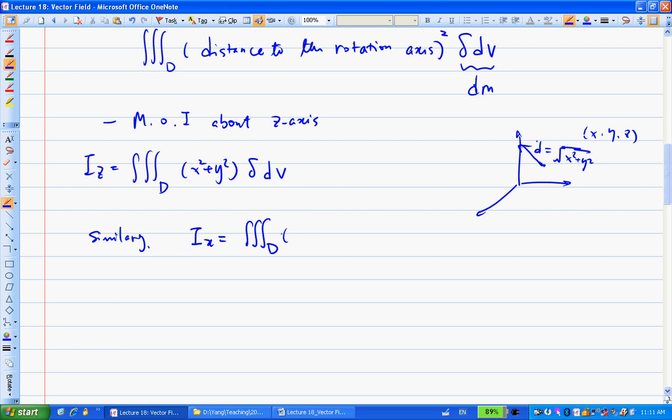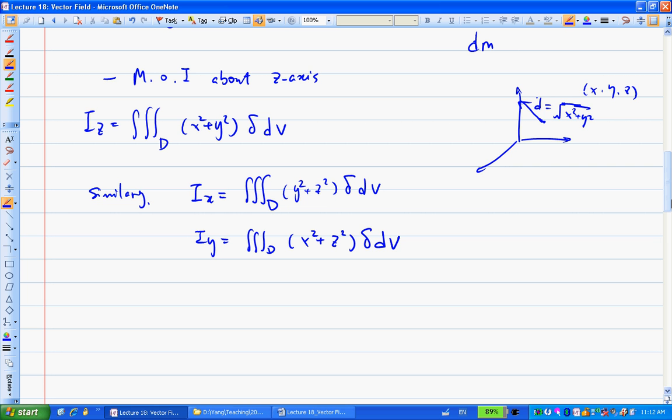So for Ix, there's no x, so that'll be just y squared plus z squared, and Iy will be x squared plus z squared, times delta dV. So that's the three moments of inertia.